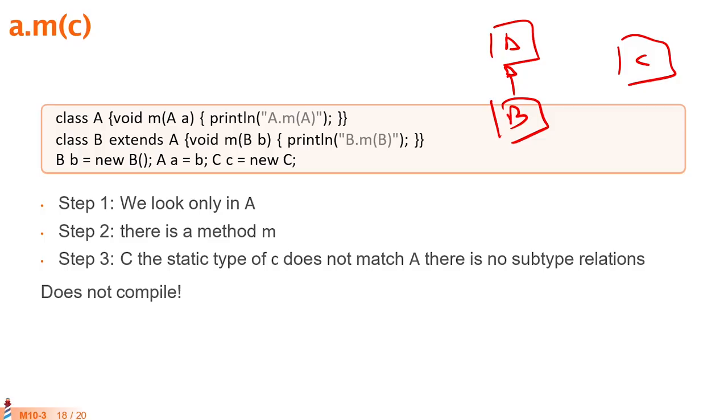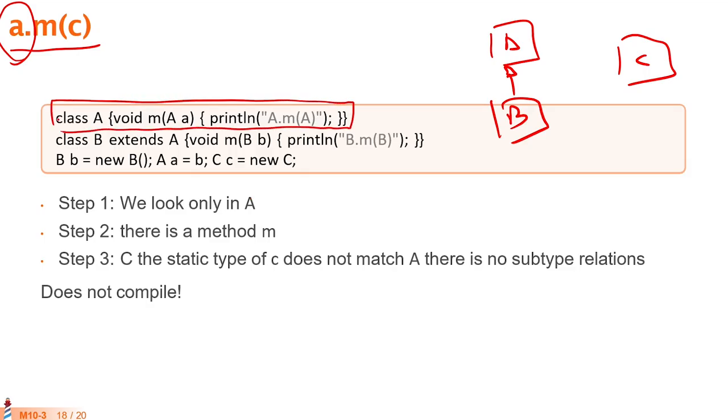So when we want to compile this expression, we take the static type of the variable a, and in this case it is A, so we start looking in the class A. We have found the method m, cool, but we need to validate that the parameter is the correct one.